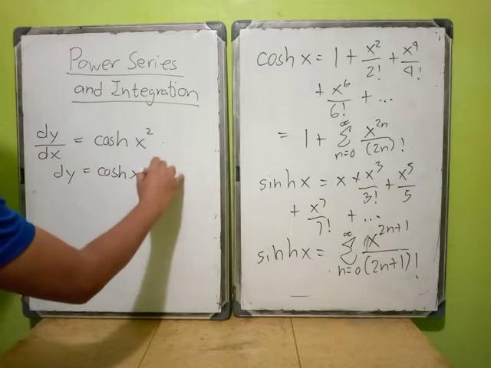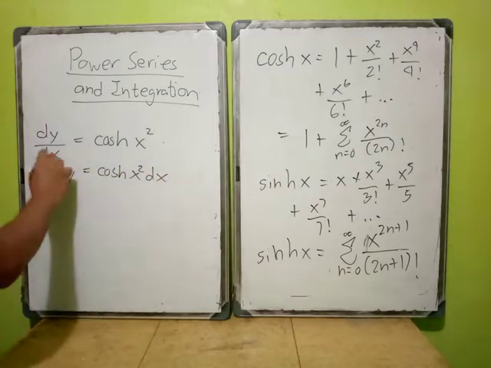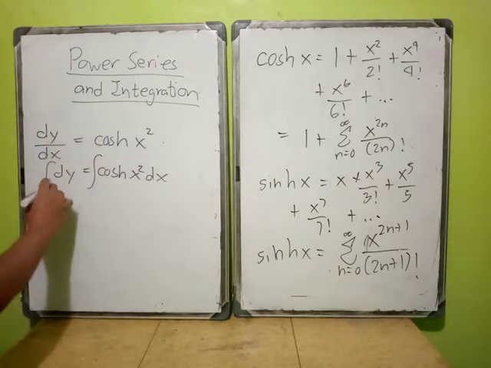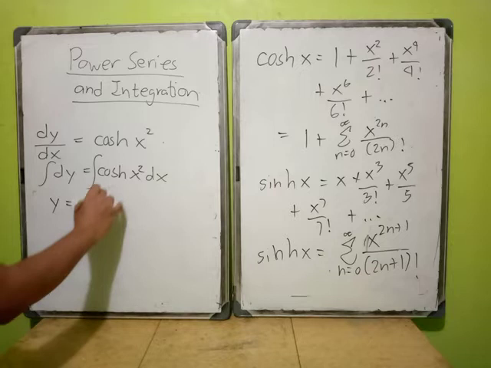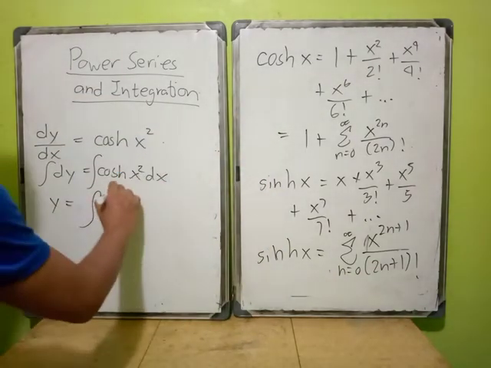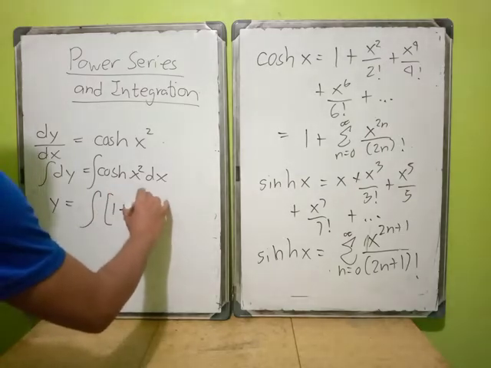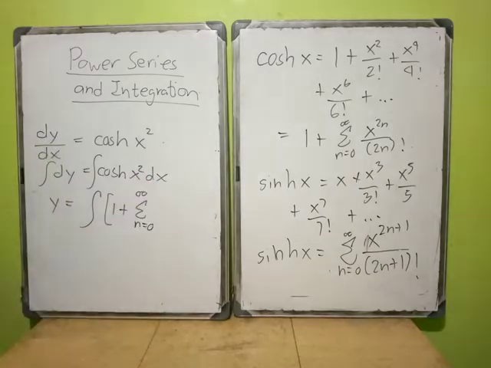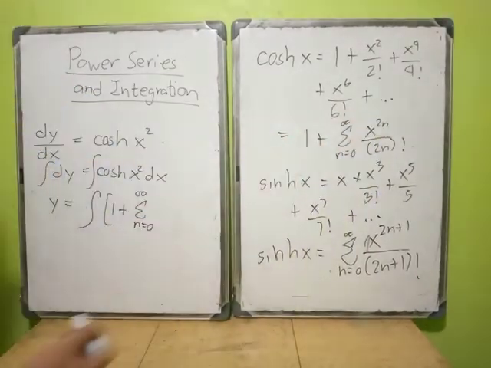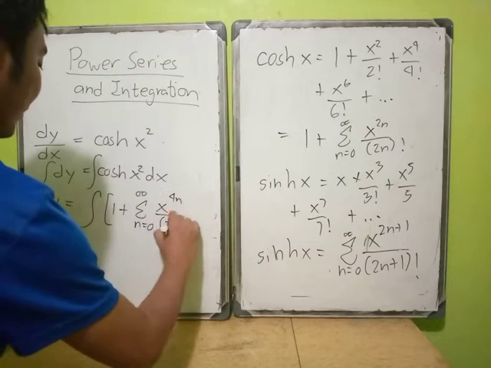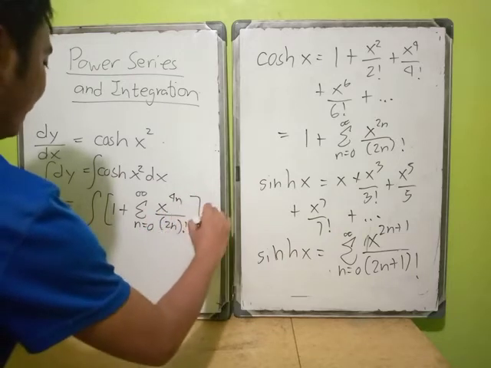If we integrate this, we cannot integrate it through elementary methods. So we replace it by its equivalent power series, which is 1 plus the sum from n equals 0 to infinity. Please take note that this is x squared, so x to the power of 2n becomes x to the 4n over 2n factorial, dx.